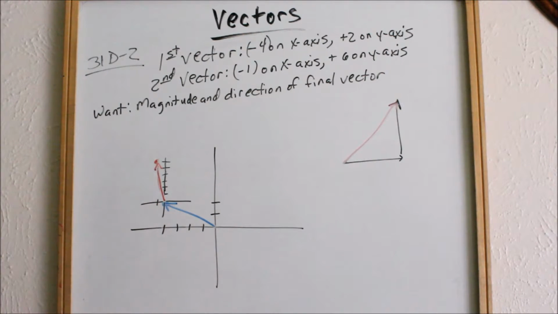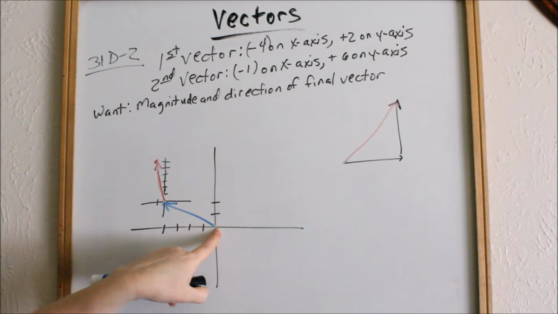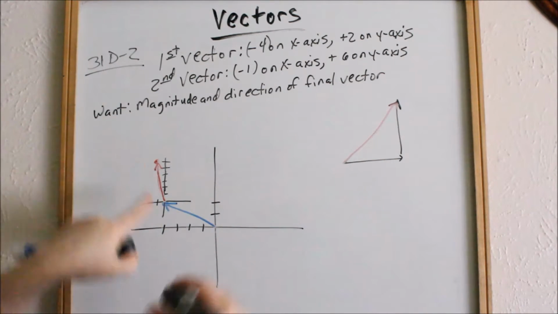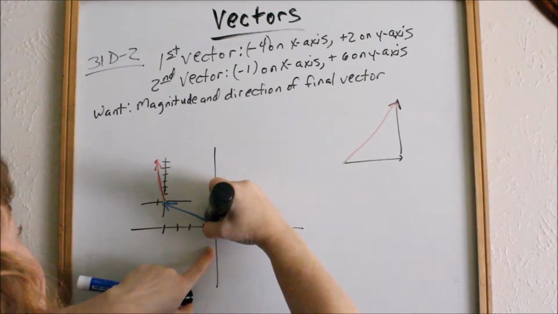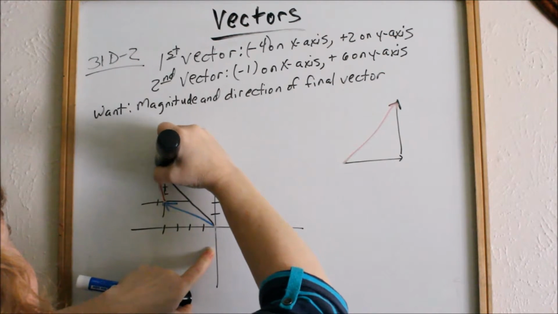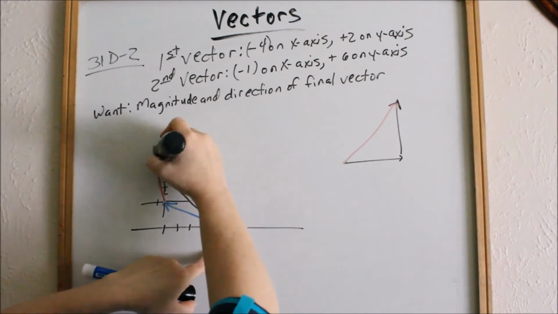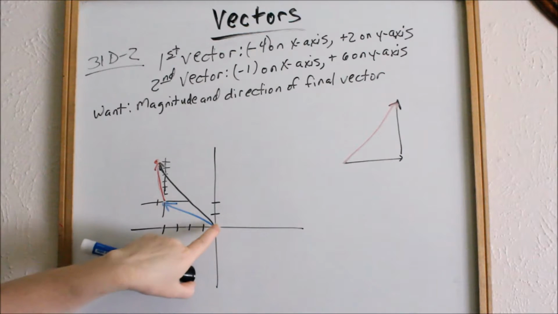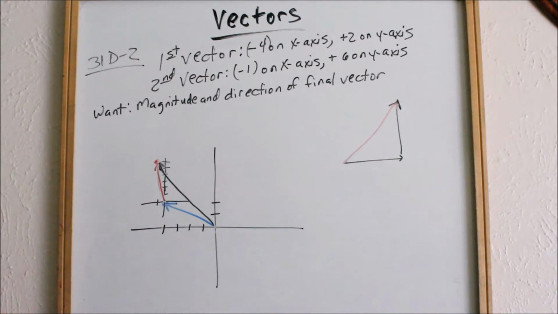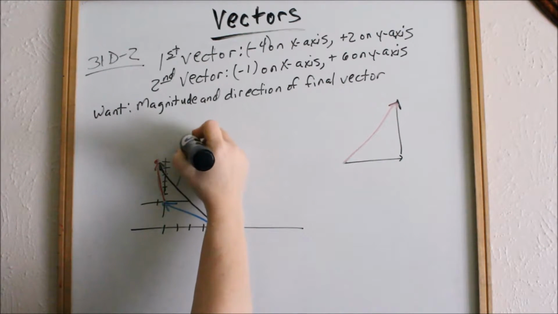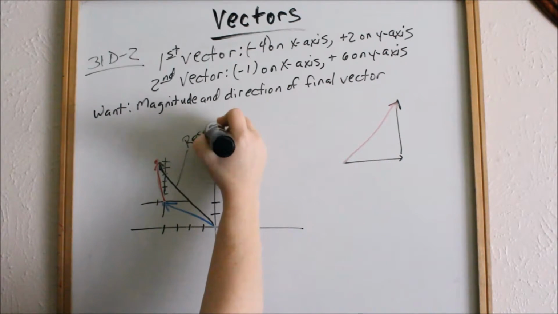My resultant vector always starts from the beginning where the person began, and it will always end at the ending point. So if I drew my line straight, it will start at the original origin and then end at that same ending point. This is my resultant.